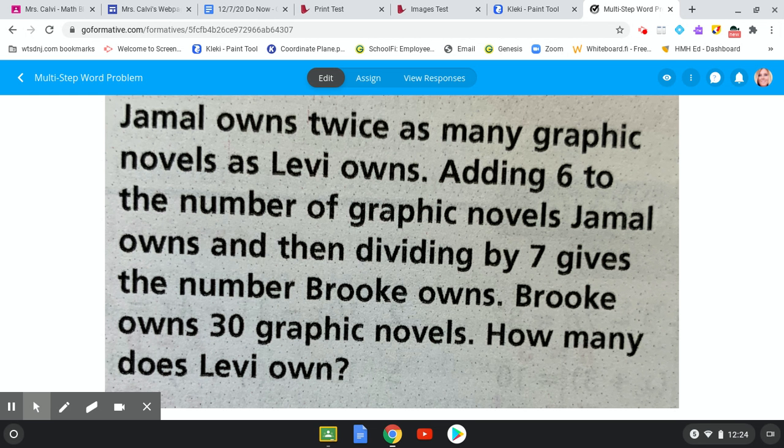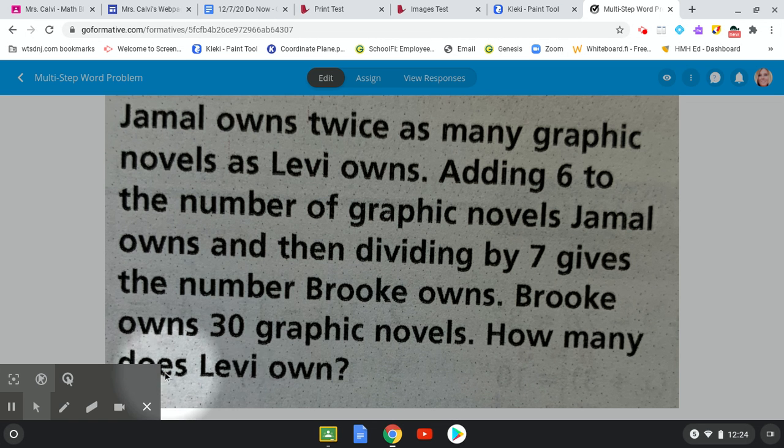So it says that Jamal owns twice as many graphic novels as Levi. Twice means 2 times, right? So that means 2 times however many Levi owns. We don't know how many Levi owns because that's what the problem wants us to find out.